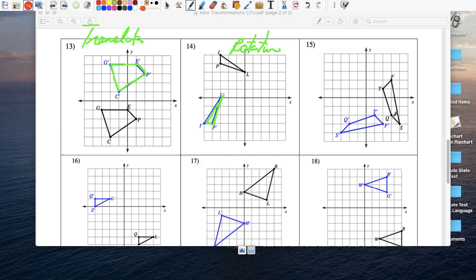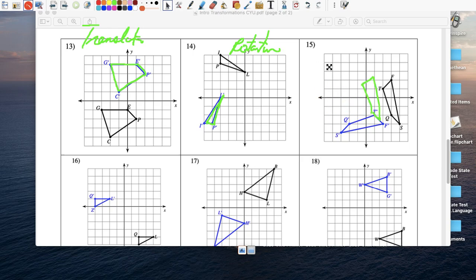This guy here, it's not a reflection. It's not a translation, right? So here's a shape. If it was a translation, it meant that I would have told you, hey, let's move this left and right, up and down.